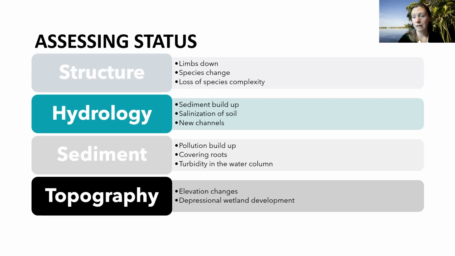Maybe it's full of debris, and now you have a new area where the topography has changed. As Mike was talking about, the species composition in mangrove ecosystems is very dependent on minor changes in topography. So if you have a couple inches, it could significantly alter the types of species that you're seeing.